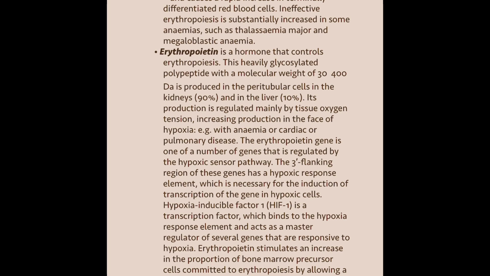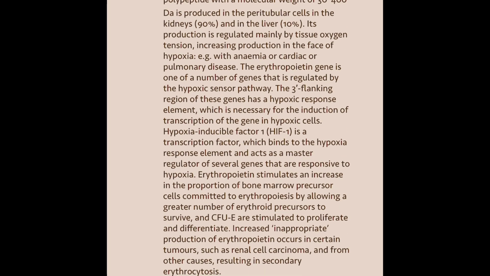Erythropoietin stimulates an increase in the proportion of bone marrow precursor cells committed to erythropoiesis by allowing a greater number of erythroid precursors to survive, and CFU-E, colony forming unit erythroid, I think, which indicates erythrocytes, are stimulated to proliferate and differentiate.